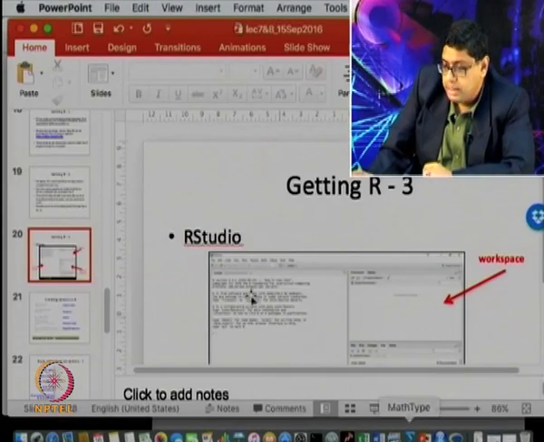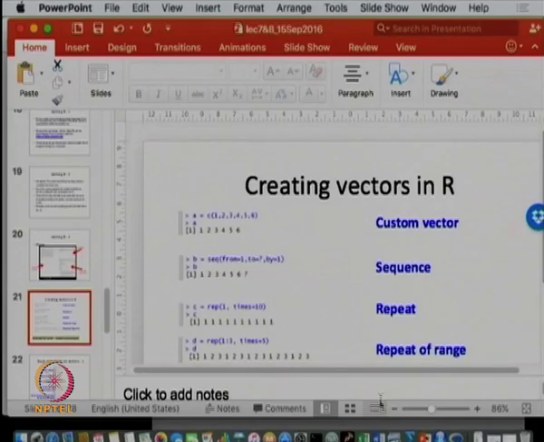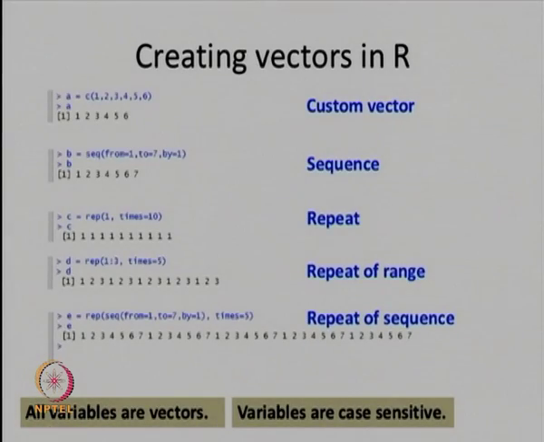Okay. So, if I go back to the presentation, let me briefly say what we have done. You can create a custom vector using c open bracket and then various entries 1, 2, 3, 4, 5, 6. You can introduce this vector as a sequence.